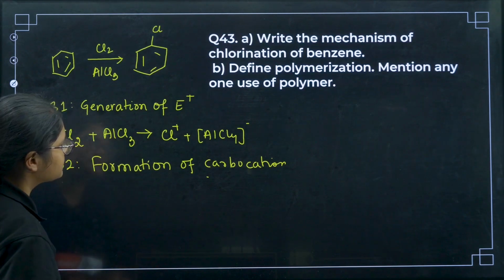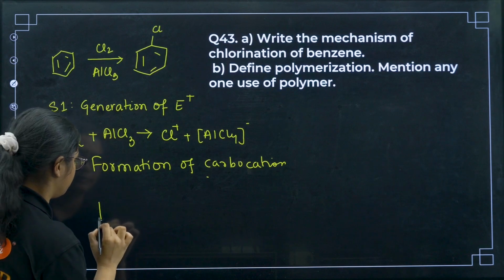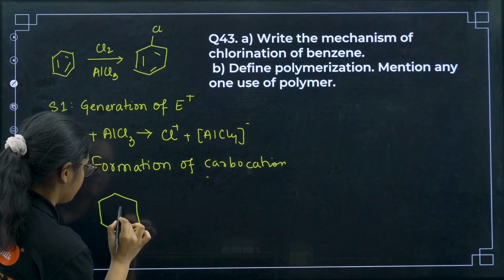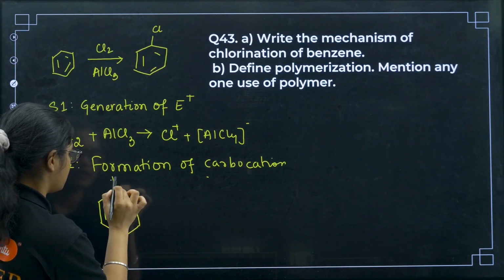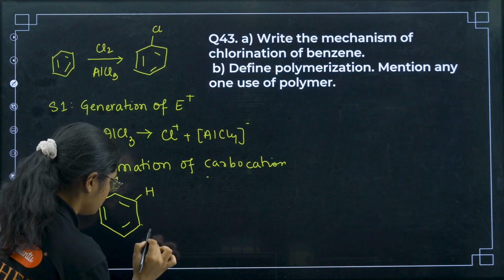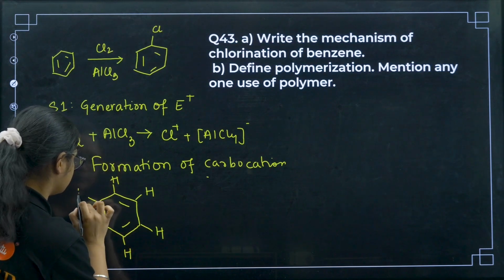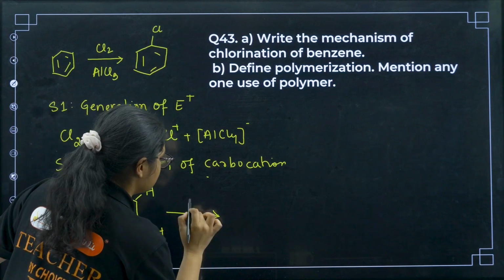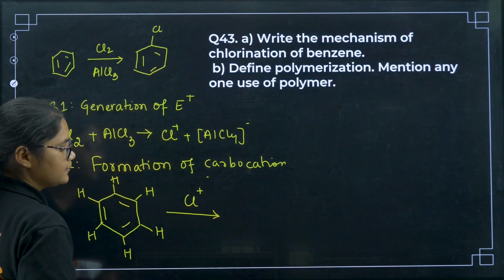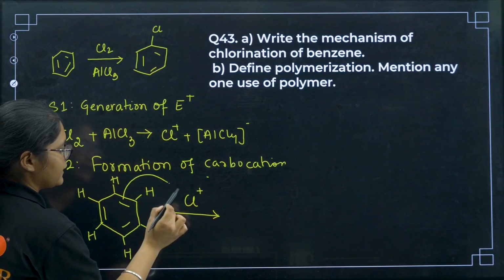So what is this reaction? You have this benzene ring, H are available, and now you are having Cl+ in this. So what will happen? This one will attack here.